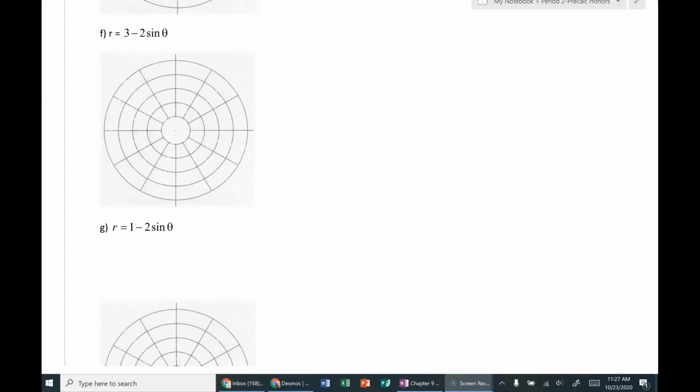Just like the cardioid, we will do this test for symmetry by hand. We want to start with the very first symmetry, symmetric with respect to the polar axis. Write down what you're about to do. Replace theta by negative theta.